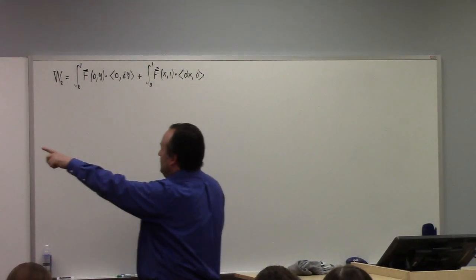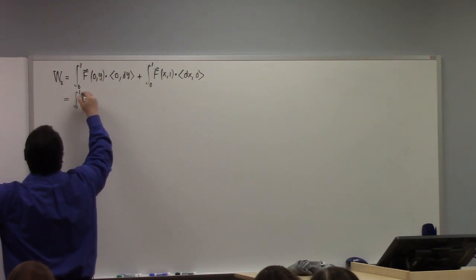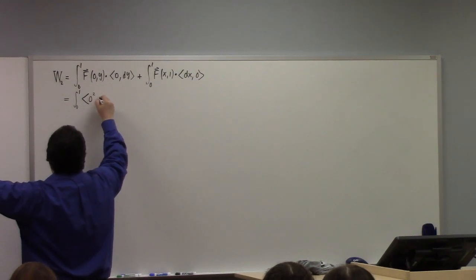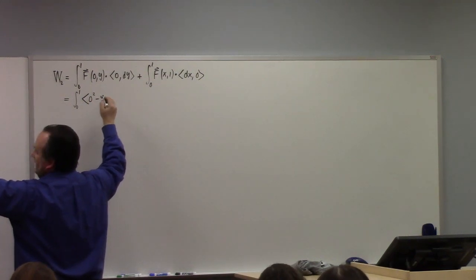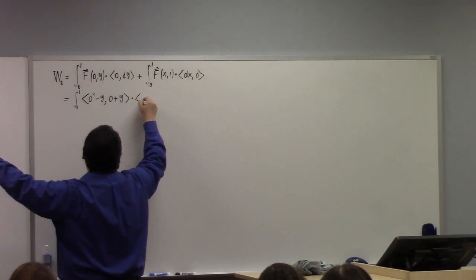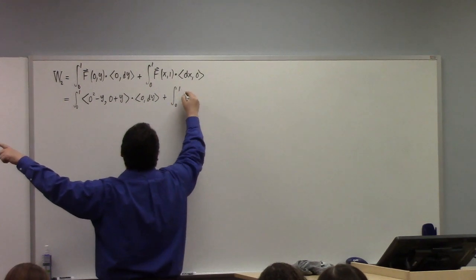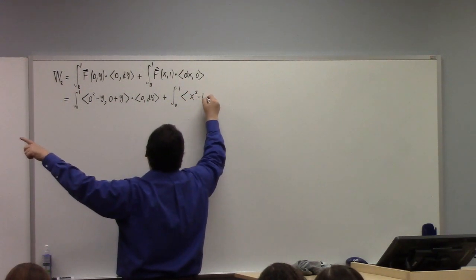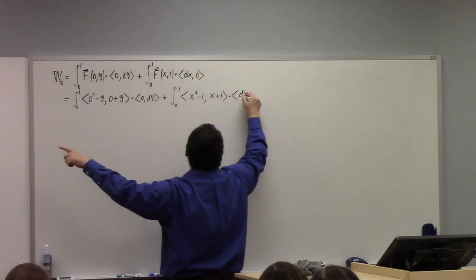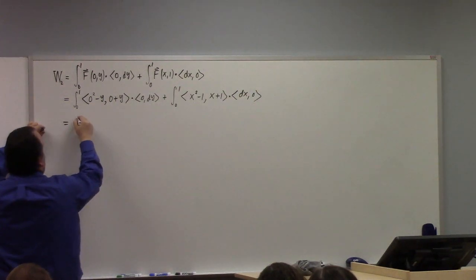Remember the formula for F is over there? So we're supposed to do x squared, which is 0 squared, minus y, comma, x plus y, which is 0 plus y, dot with 0, dy, plus the integral from 0 to 1. We do x squared minus 1, comma, x plus 1, dot product with dx, 0. Do these, what do we got?